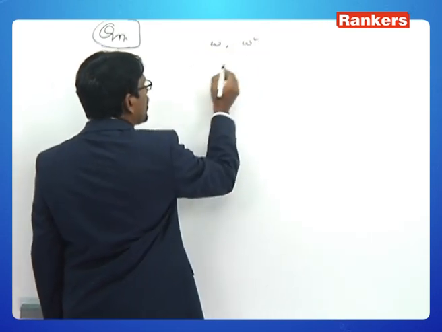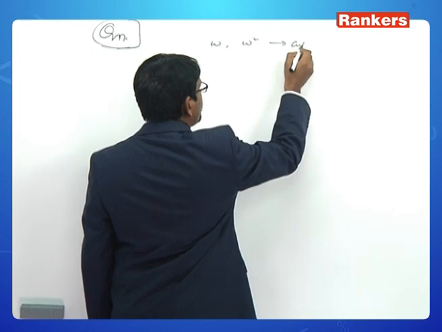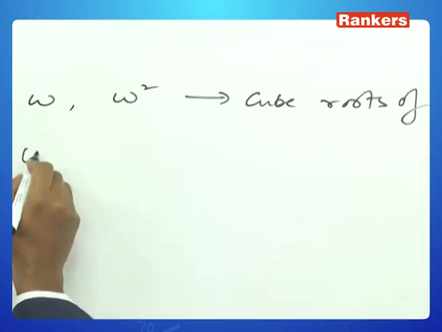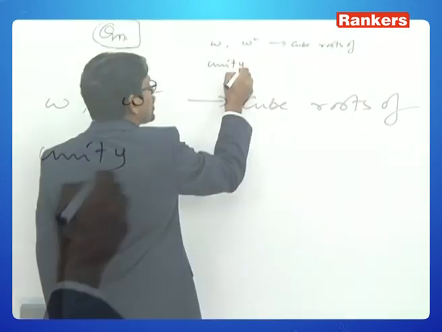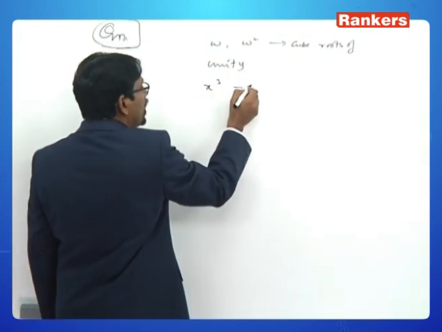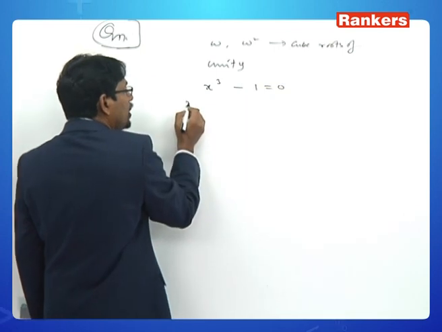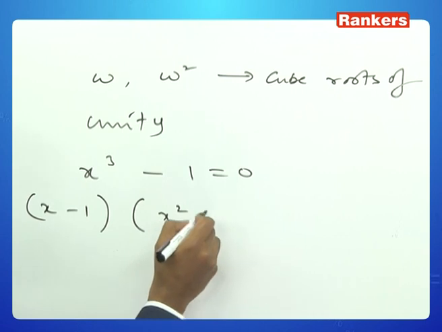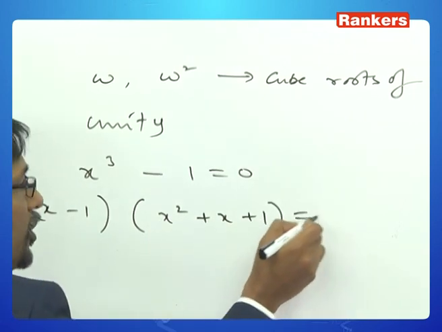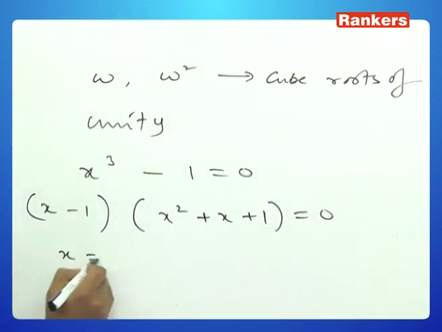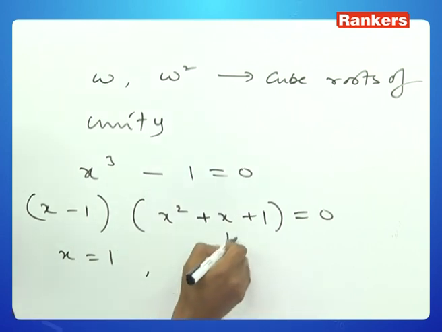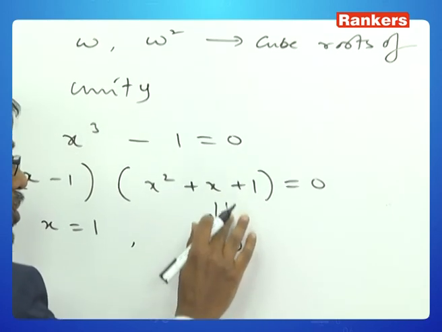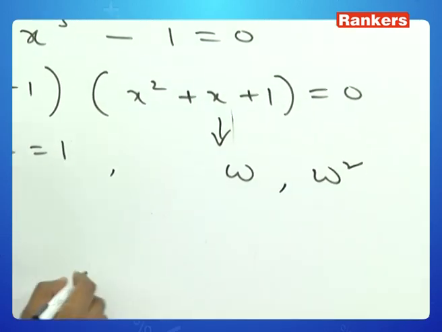Omega and omega square are cube roots of unity. The equation x cube minus 1 equal to 0 has two factors, x minus 1 into a quadratic factor x square plus x plus 1 equal to 0. So x equal to 1 is a root. The roots of the quadratic are denoted by omega and omega square.